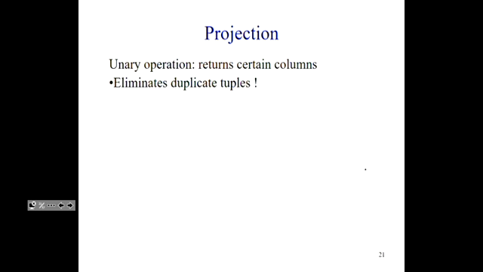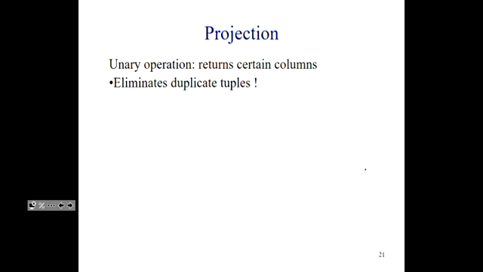One important thing to note about the projection operation is that it will eliminate duplicate tuples, because, like I said earlier, a relation is a set of tuples. It's not a list of tuples or a bag of tuples. At least from the relational model standpoint, it is a set of tuples.